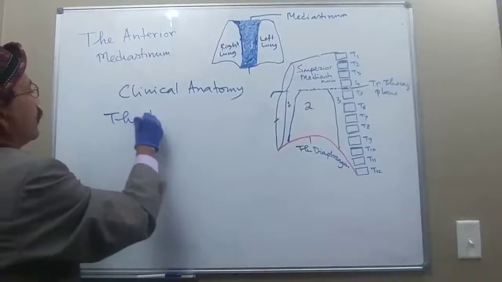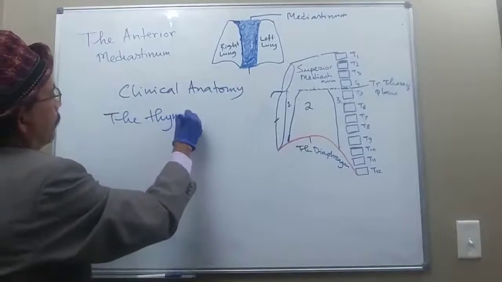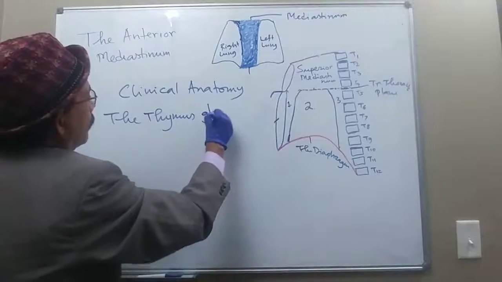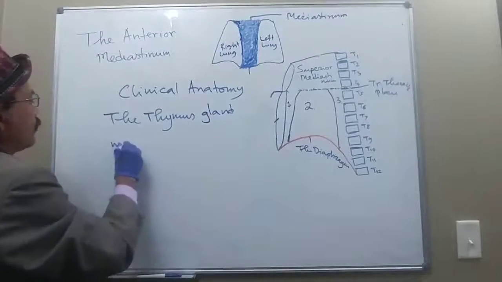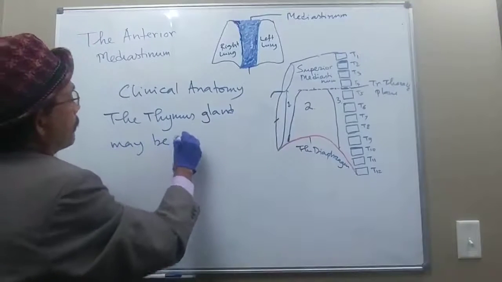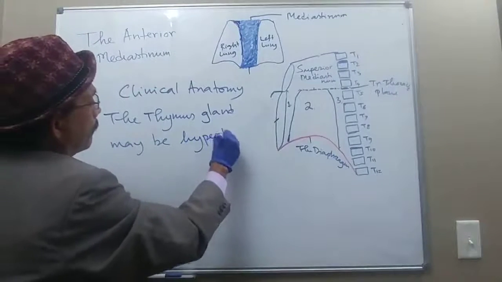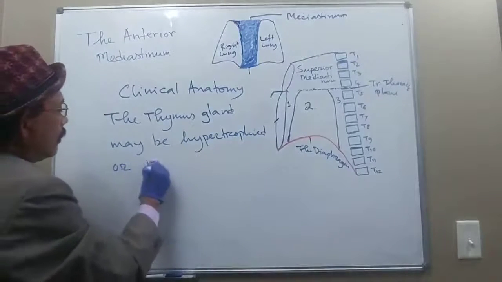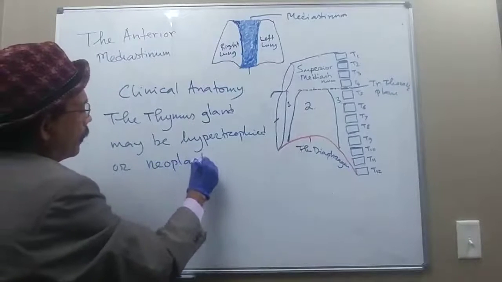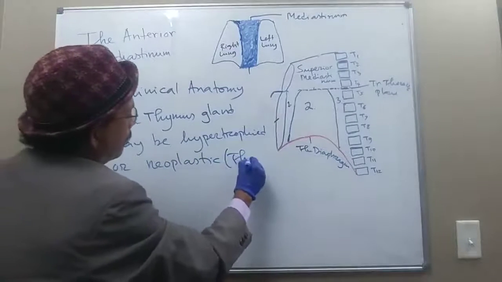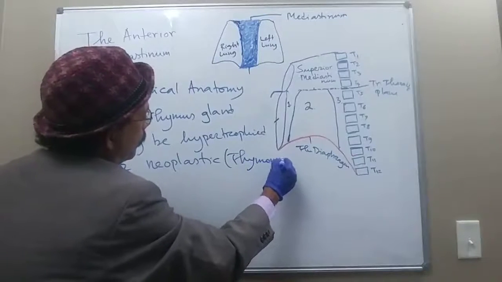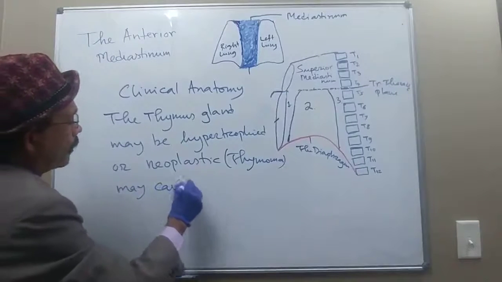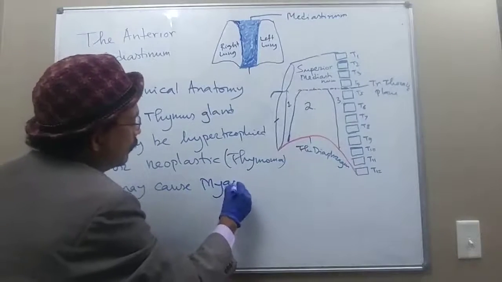The thymus gland may be hypertrophied or neoplastic, called thymoma, that may cause myasthenia gravis.